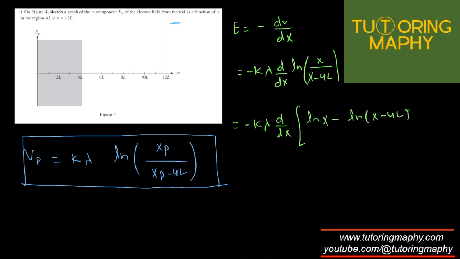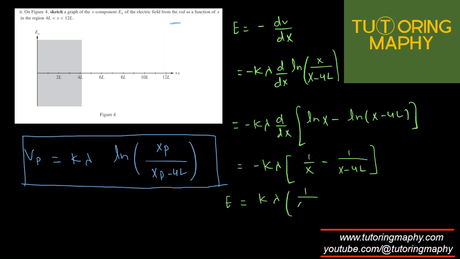It will be a little bit easier to differentiate rather than using the chain rule. The derivative of ln x is 1/x, and the derivative of ln(x − 4l) is 1/(x − 4l), and this minus goes inside, so it becomes kλ [1/(x − 4l) − 1/x].